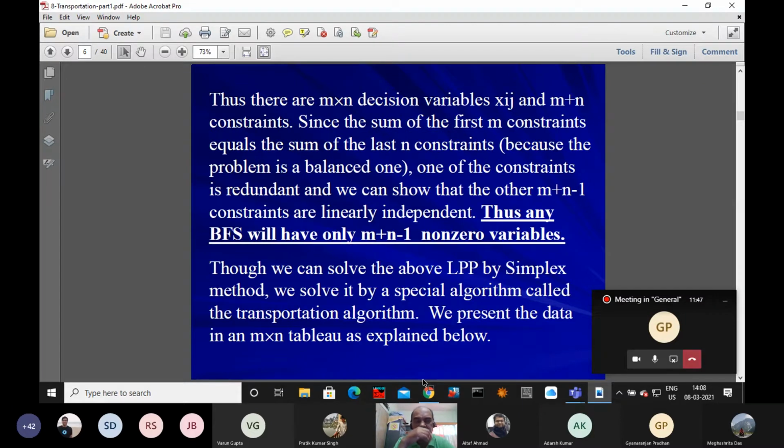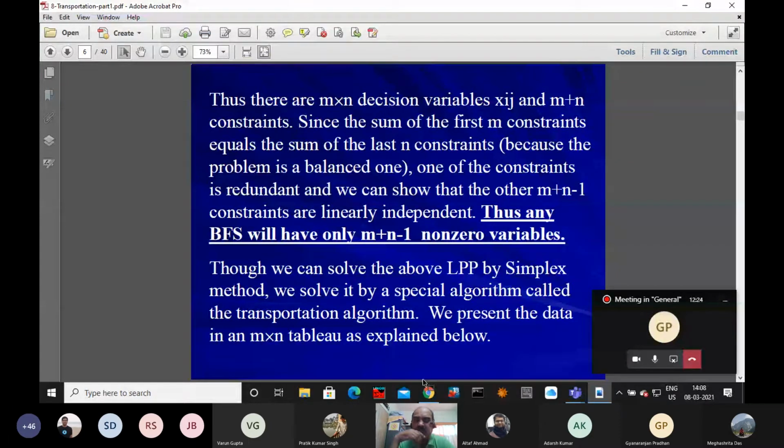So here there is some discussion. There are m times n decision variables Xij, and m plus n constraints, the source constraints and the destination constraints. Since the problem is balanced, the sum of the first m constraints equals the sum of the last n constraints, so one of these constraints is redundant, and we can show that the other m plus n minus 1 constraints are linearly independent.